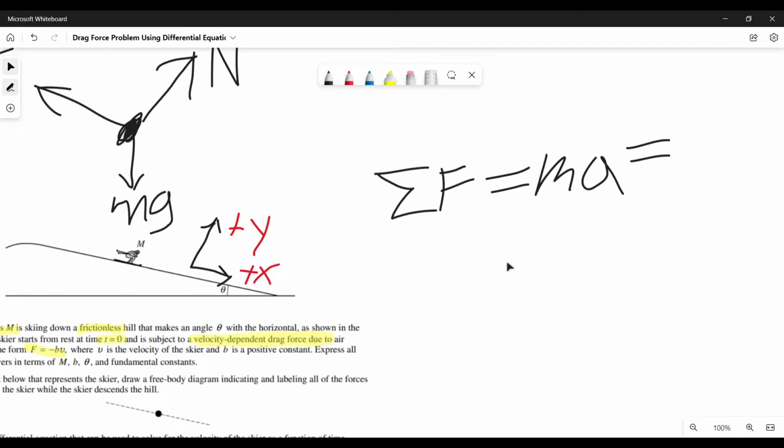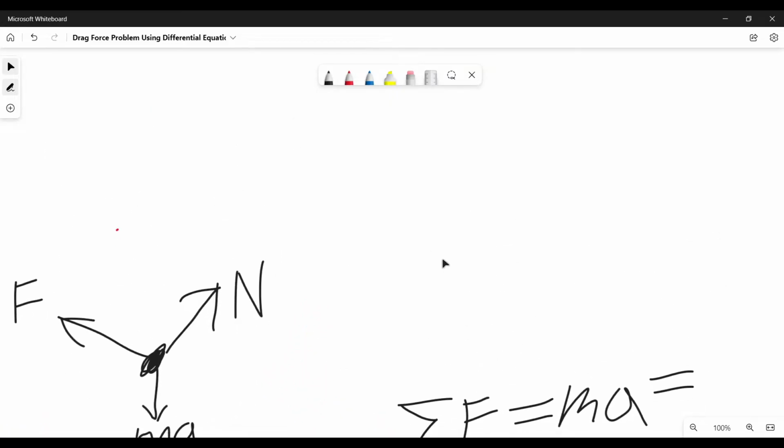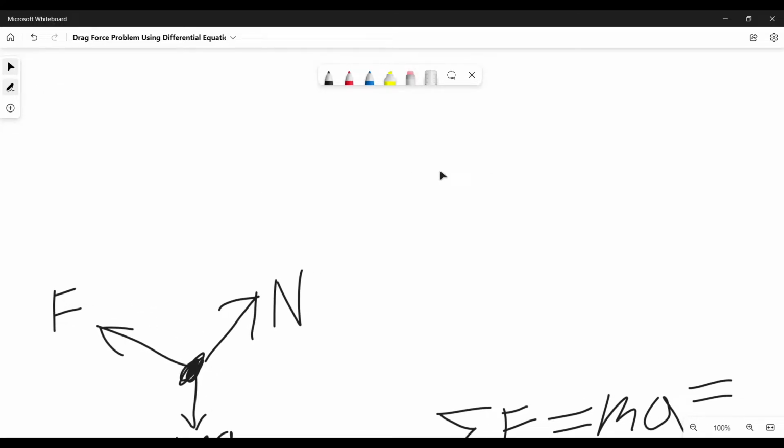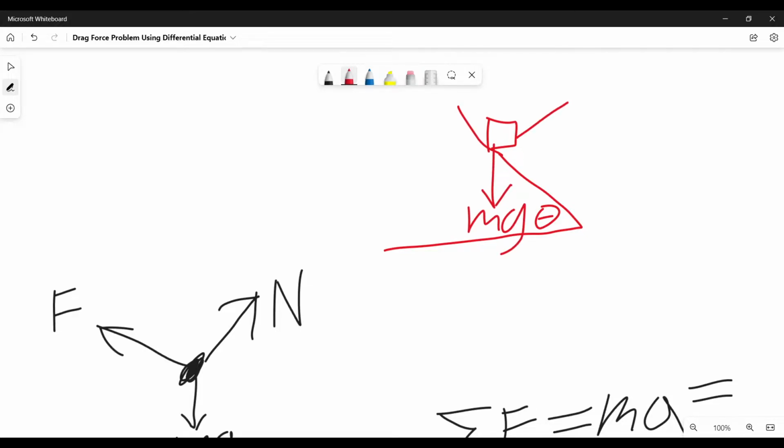How do we get the x direction parallel to the slope? Well, let's take a look at our free body diagram again. For this free body diagram, we can see that we have an angle theta right here, and then we have our exaggerated slope here. We have mg going straight down, and then we have the normal force going perpendicular to the slope.